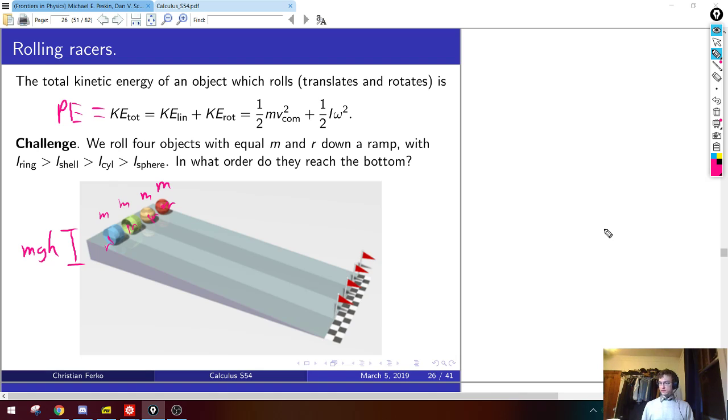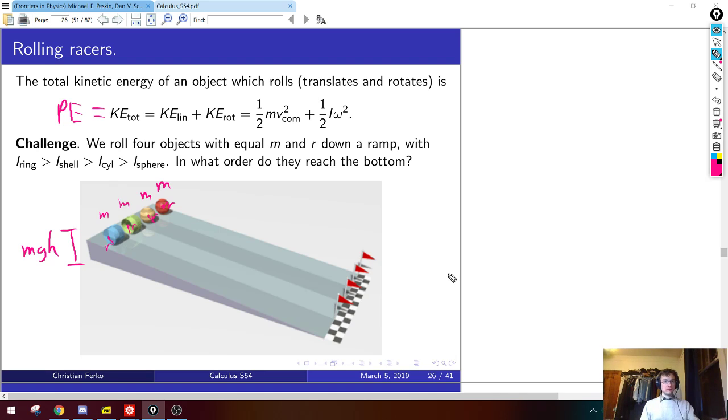Let's see. Since the moment of inertia is smaller, the entire 1/2 I omega squared term, the angular velocity squared term, is smaller.